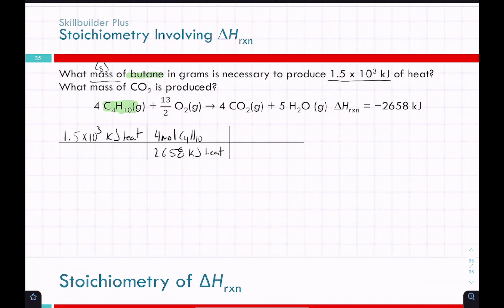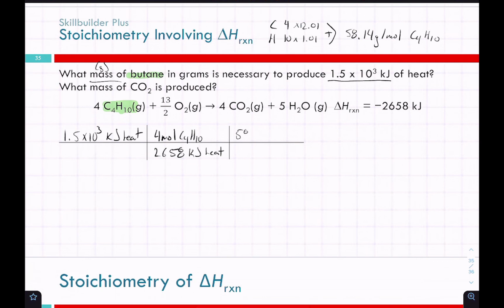So good, we've got that, and then we want to know the mass of butane. So it's going to be made of carbon and hydrogen, 4 and 10. So 4 times 12.01 plus 10 times 1.01 is going to be 58.14 grams per mole of butane, or C4H10.